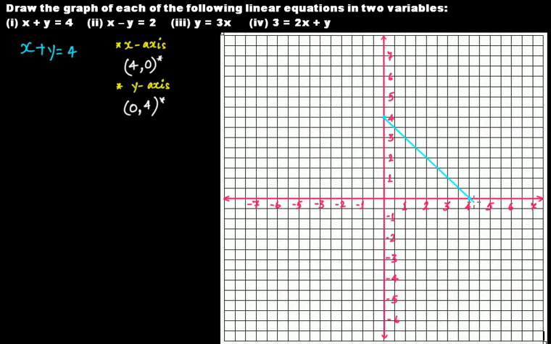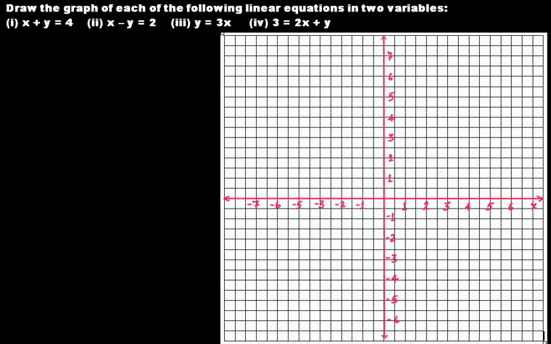So this is our line. This point is 4, 0, and this point is 0, 4.